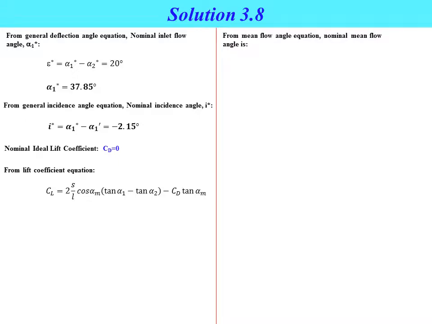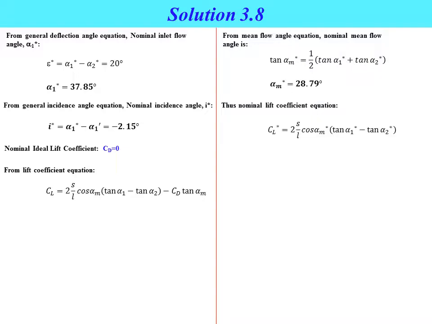The term CD tangent alpha m we can neglect due to the value of CD equal to 0 for the ideal case. From the mean flow angle equation, the nominal mean flow angle alpha m star equal to 28.79 degrees.